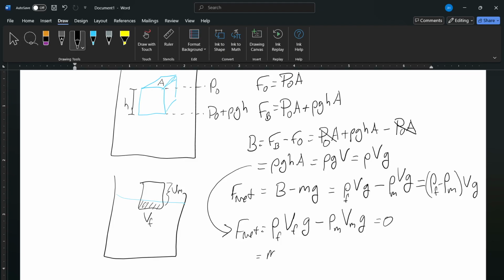We can have that the mass of the fluid displaced, I'll put F comma D, the displaced fluid, times gravity, equals the mass of the material or the object, which is its total, not just what's displaced or what's underneath, times G. G's cancel out, and we can see that the mass of fluid displaced must equal the mass of the object from this derivation. And so that's what we get from the idea of a buoyant force.